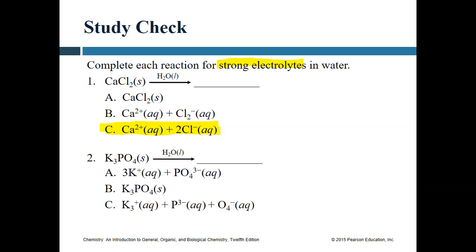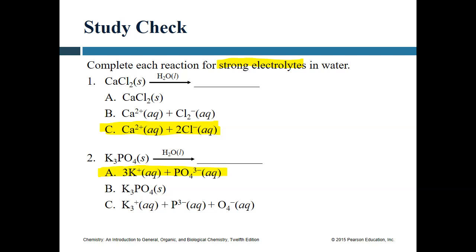So with that in mind, what's the correct answer for number 2? We know it's not B. It's going to be A. Even if we don't know that the phosphate ion is PO4 with a -3, we know that this is the only one that makes sense from a charge standpoint.